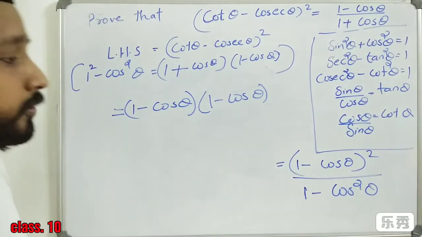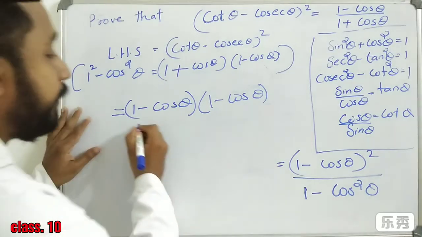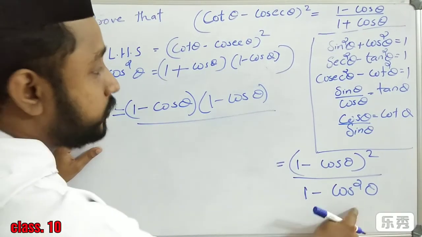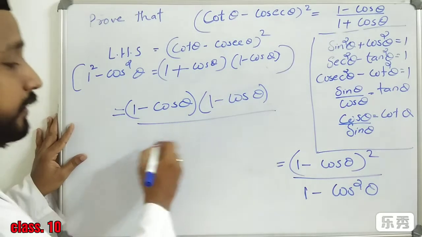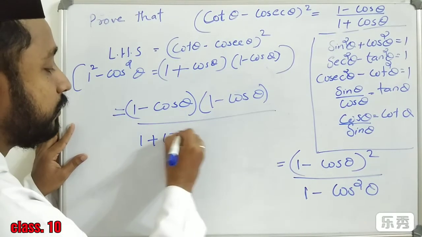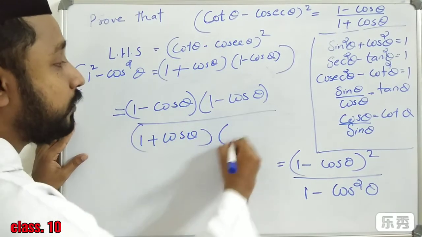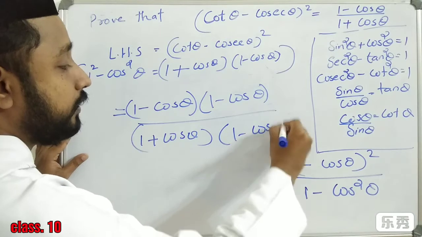So 1 minus cos theta into 1 minus cos theta divided by 1 minus cos square theta, which is 1 plus cos theta into 1 minus cos theta.